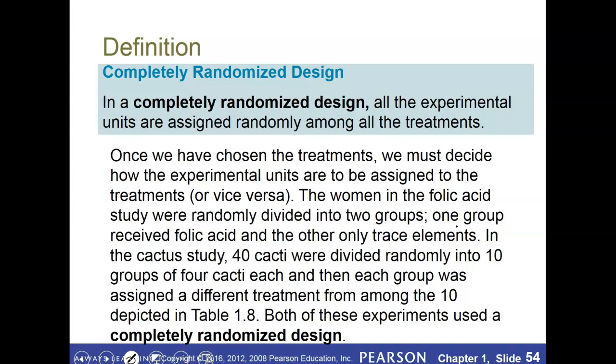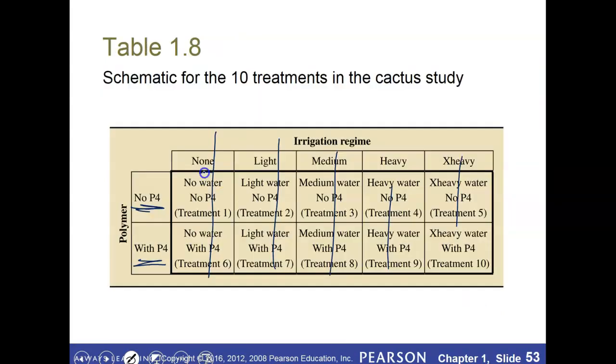In this case, if let's say we have 40 cacti, we're going to divide them randomly into 10 different groups of 4 cacti in each group. So we would have 4 cacti in the first group where there was no water and no irrigation, and see how those cacti compare to cacti in all the other different treatment groups.